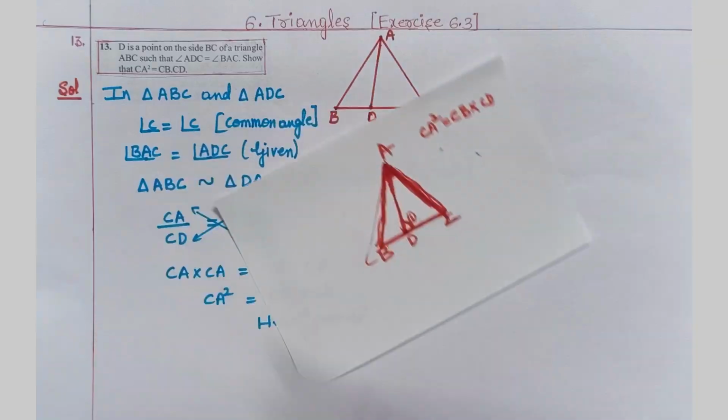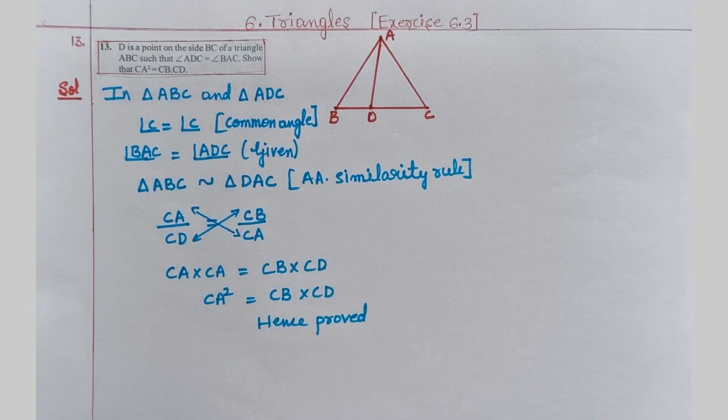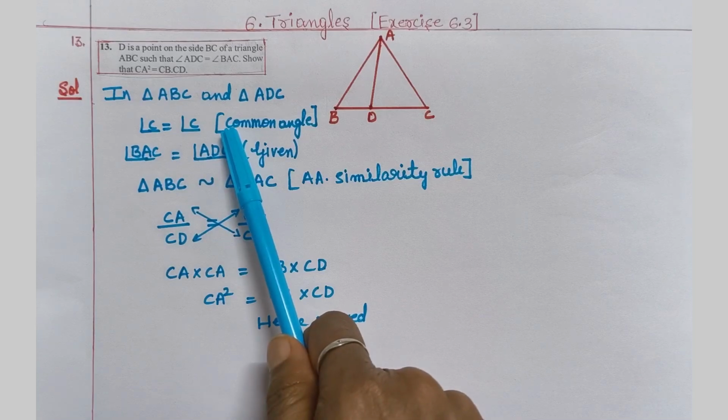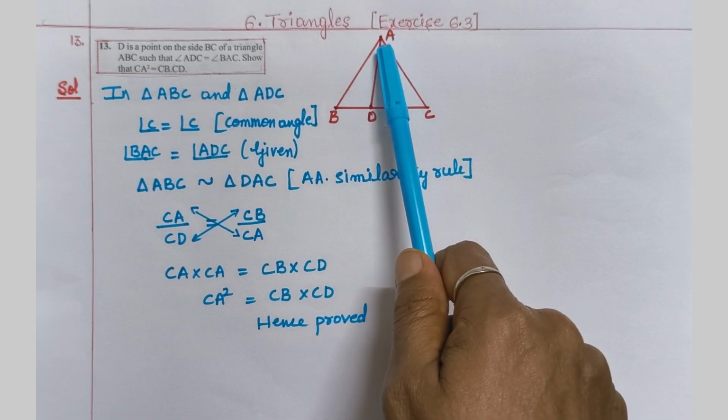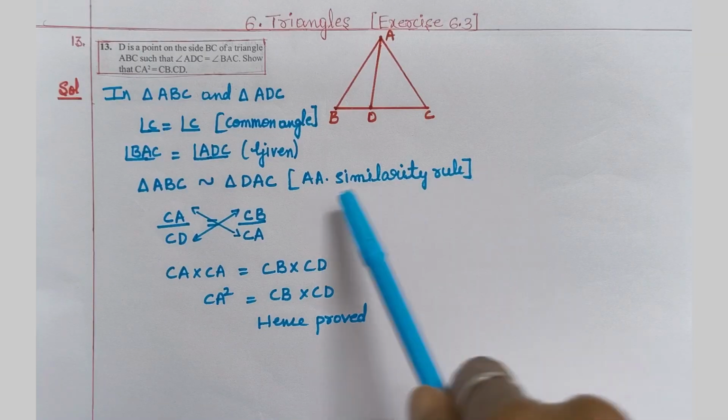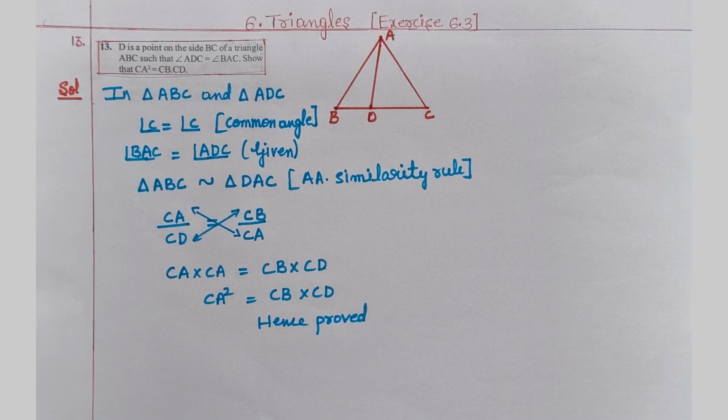Are you clear? If not understood, watch it once again. First we take angle C, the common angle. Next, angle D is equal to angle A. So these two triangles are similar by the angle similarity criteria.